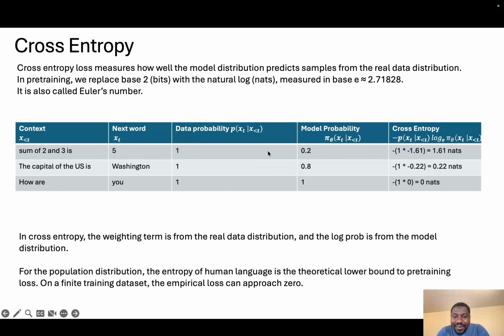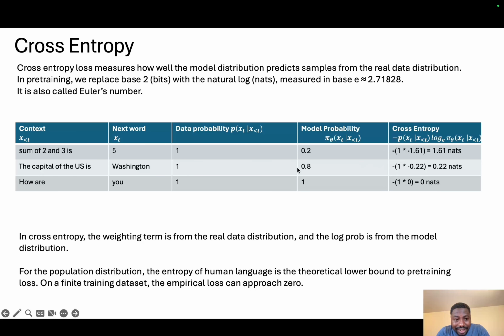So what we then have here is, we could compute the cross entropy by multiplying the probability under the real data distribution by the log of the model distribution, right? So it's the negative of the log, and so you could put the negative here. What you have here is 1.6 nats, which is high because our model assigned a low probability to the actual next token.